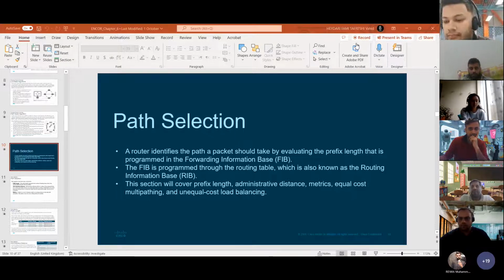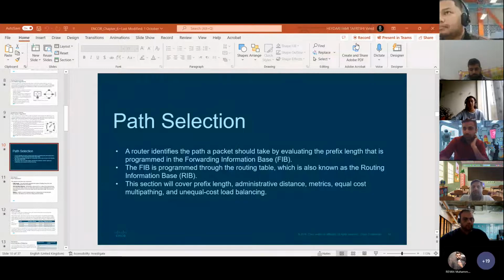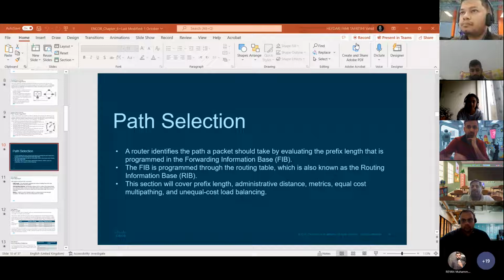So FIB in fact happens after the RIB information was received through routing protocols and the routing table was updated. Then the RIB information is fed into the FIB, or forwarding information base, which takes care of the actual identification of the path and does this by evaluating what we know as the prefix or prefix length, and then forwarding the packet.